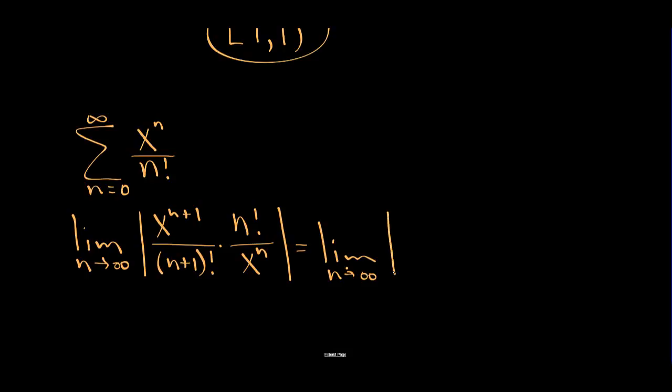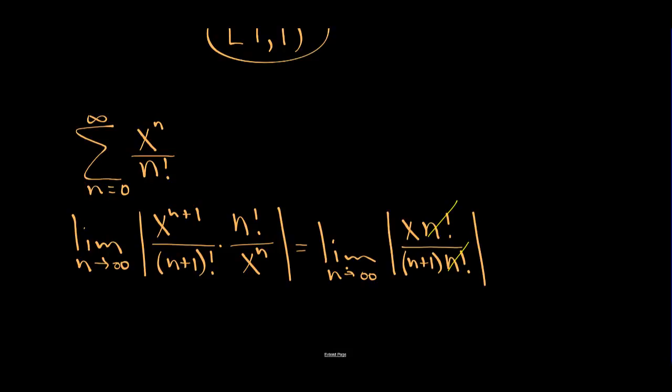I'm going to simplify the x's. X to the n plus 1 divided by x to the n is just x. And then here we've got n factorial. Down here, n plus 1 times n factorial. And these will cancel.